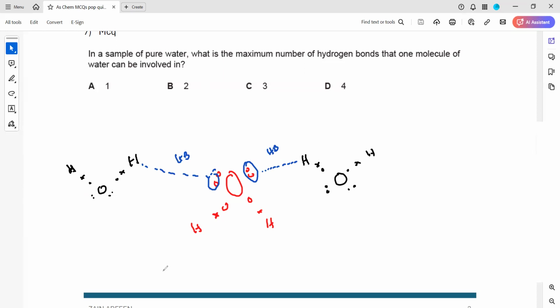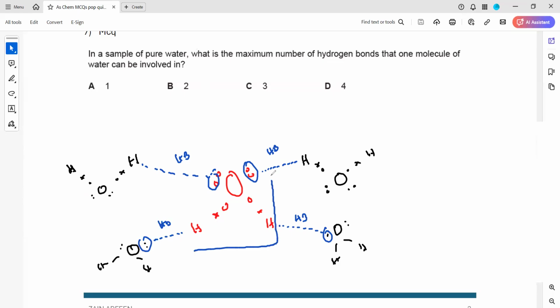Then we have another molecule. This hydrogen is attracted towards the lone pair of oxygen. This will be a hydrogen bond. This hydrogen is attracted towards the lone pair of another oxygen. That will be a hydrogen bond. So if I consider this central molecule, how many hydrogen bonds can it form at maximum? 1, 2, 3, and 4.